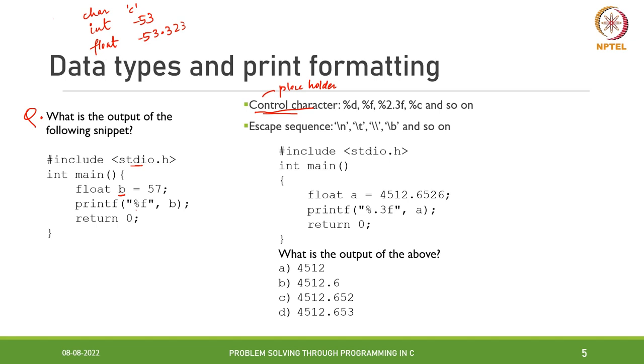Similarly, if I write percentage d, it will understand that I am trying to print an integer. And percentage c, it will understand that I am trying to print a character. This is how a printf statement is written. You have percentage f in the double inverted commas, then a comma and the variable. Whatever value is stored in b will be printed according to how a floating point variable would be printed.